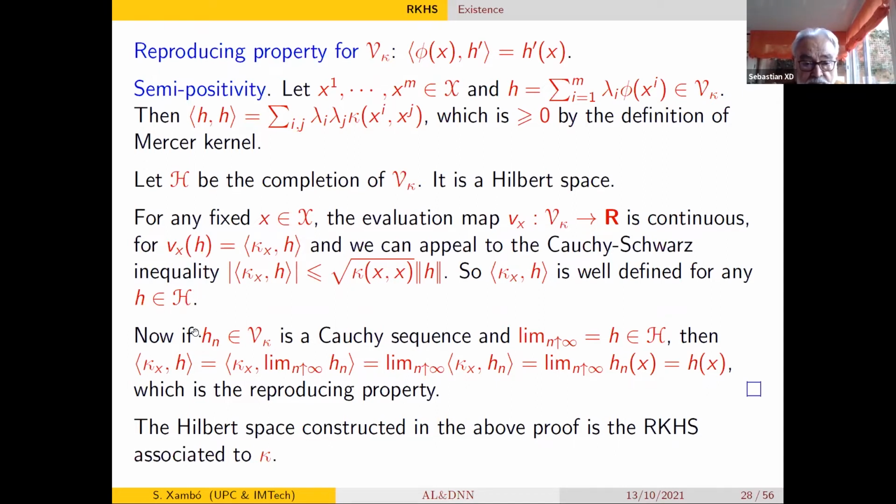And the reproducing property extends from V_kappa to H by just a limit argument. And as I said, this curly H that we just constructed, or at least outlined how to construct, is the RKHS associated to kappa.